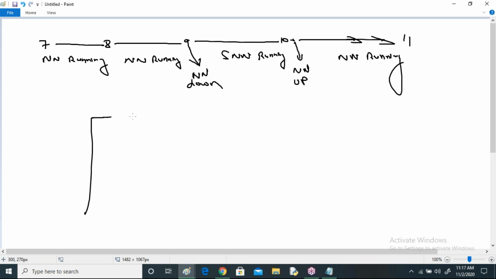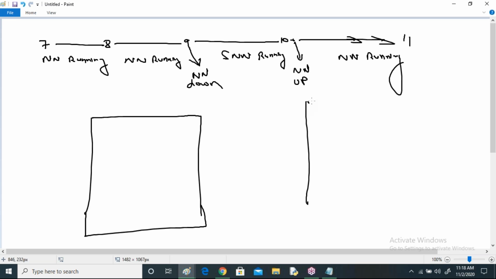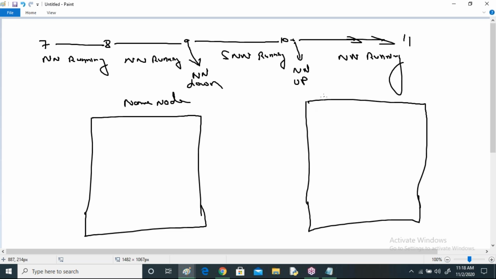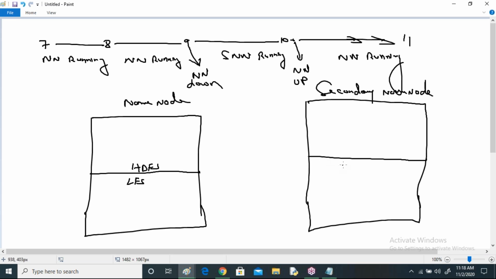So this is my master, the name node. This is the slave, sorry, the secondary name node. Every node is going to have LFS and HDFS.